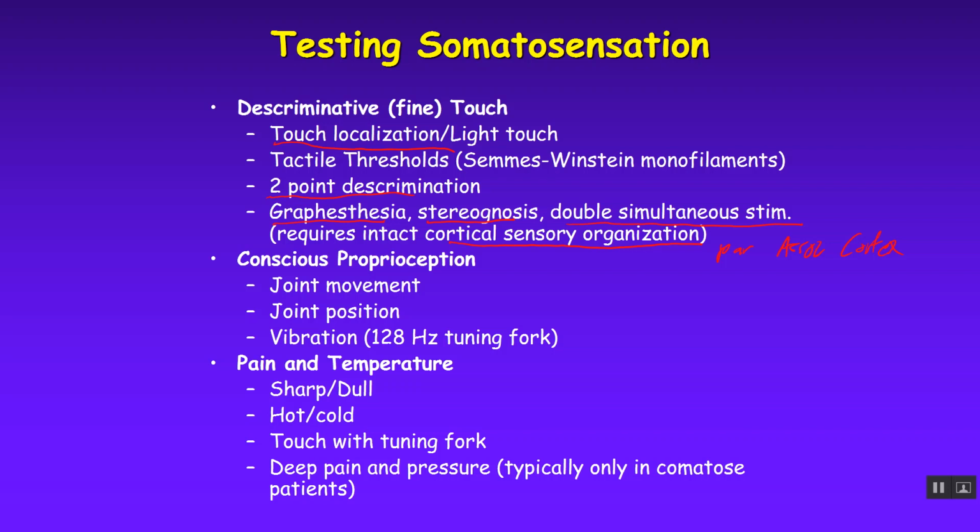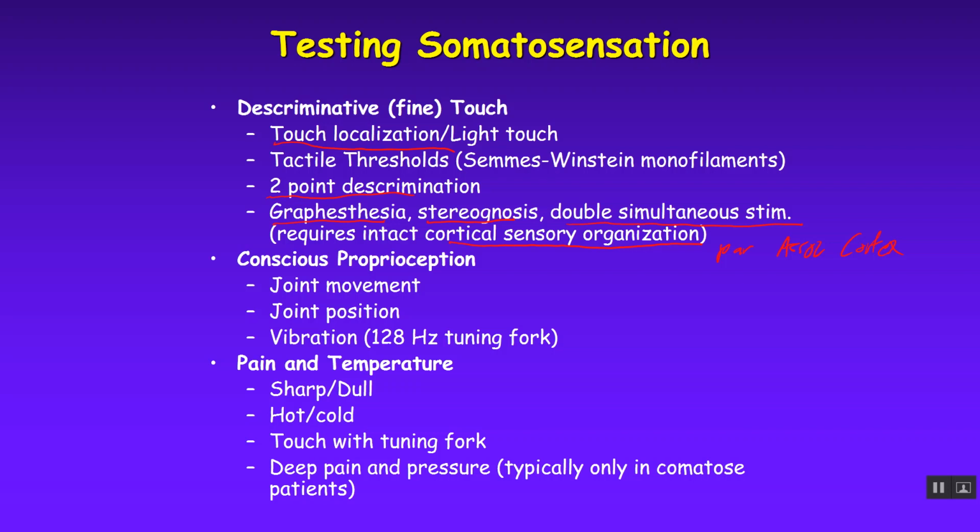The other one is called double simultaneous stimulation. This is where you take a person who has just damage, let's say on the right side of my brain, just that parietal association cortices is damaged, not the primary sensory cortex. So that means my left arm or leg may have some difficulty with graphesthesia, stereognosis, and this thing called double simultaneous stimulation.